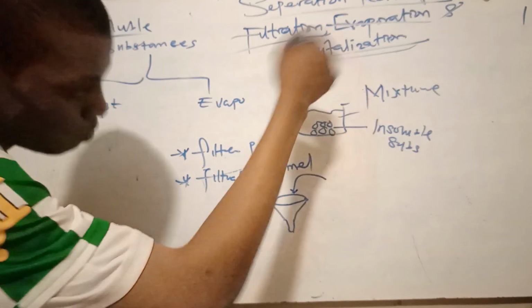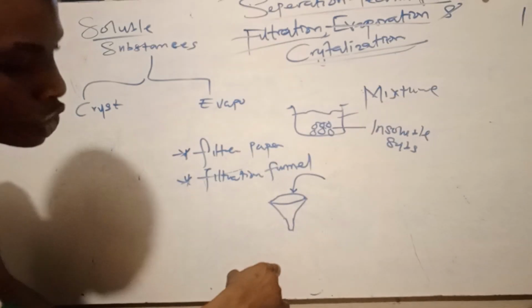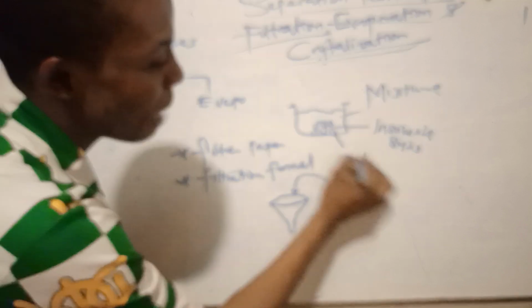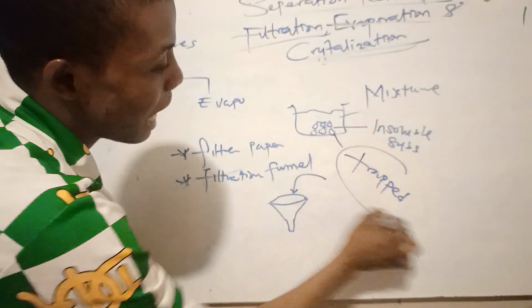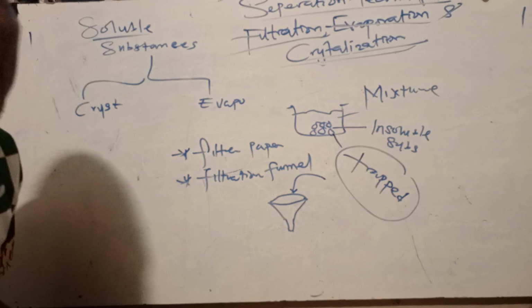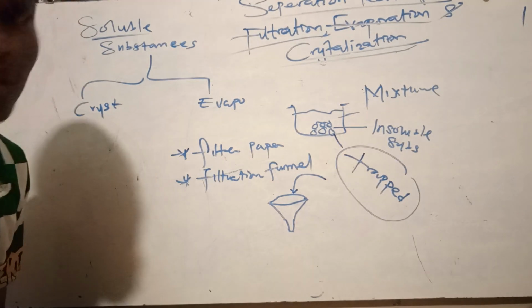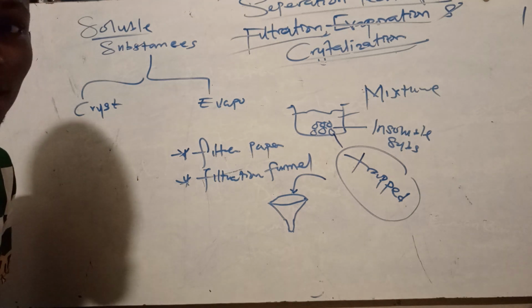So when you pour the liquid, the liquid part of the mixture can only pass through the filter paper, but the solid part will be trapped by the filter paper, unable to be filtrated. So that is a very simple technique, right?